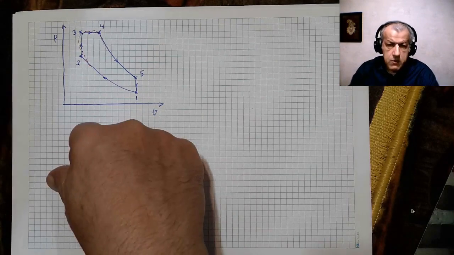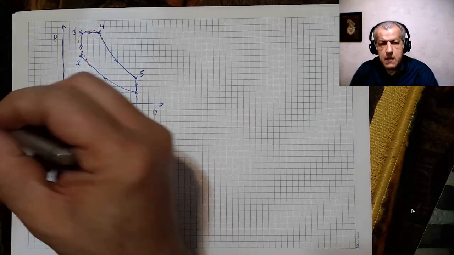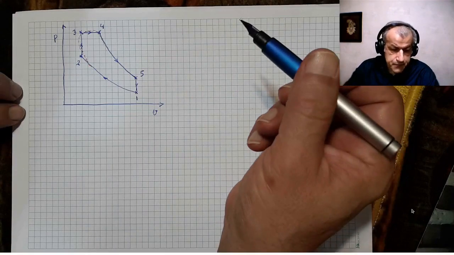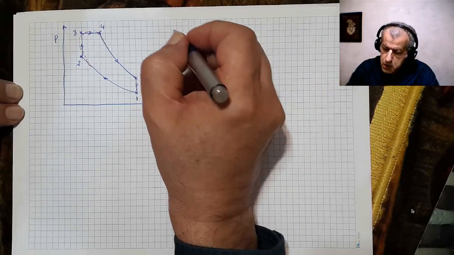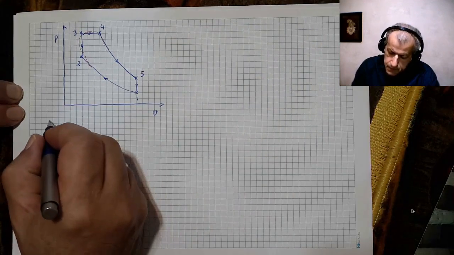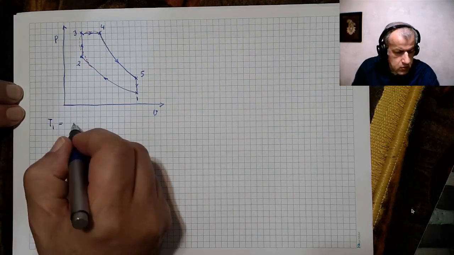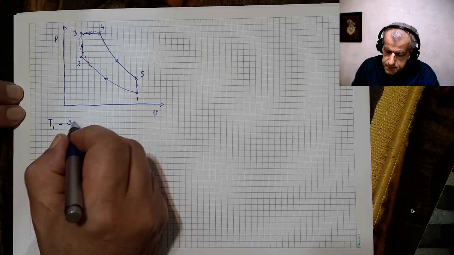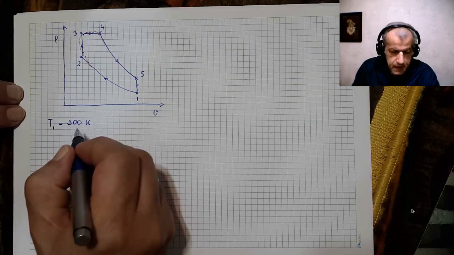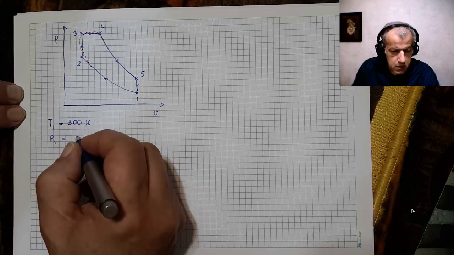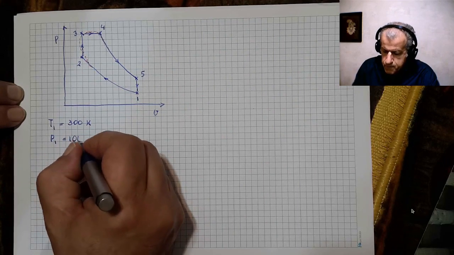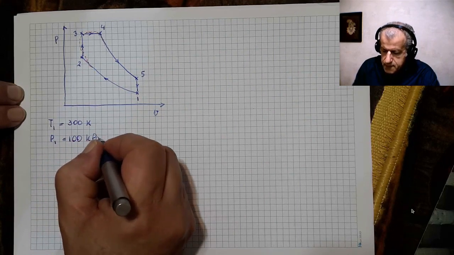Now, what we know about this cycle is that the start point T1 equals 300 Kelvin, and P1 equals 100 kilopascal.